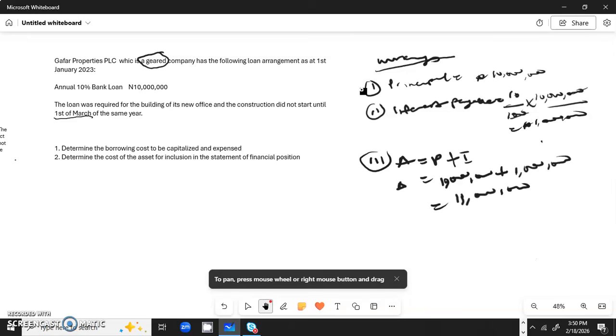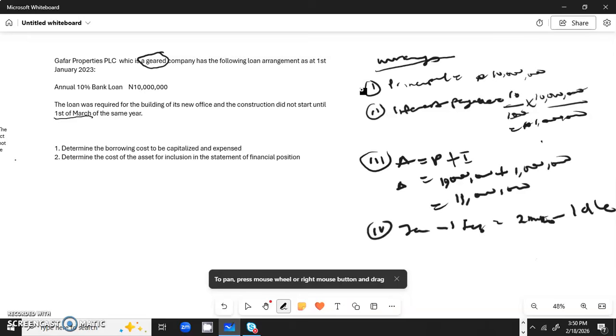So from the question, we're told that, number 4, we're just trying to break down this question. We were told that the loan was required for the building, and the construction did not start until 1st of March. Meaning that from January till February, we did not use this fund. So January to February, that is 2 months, the fund was idle.